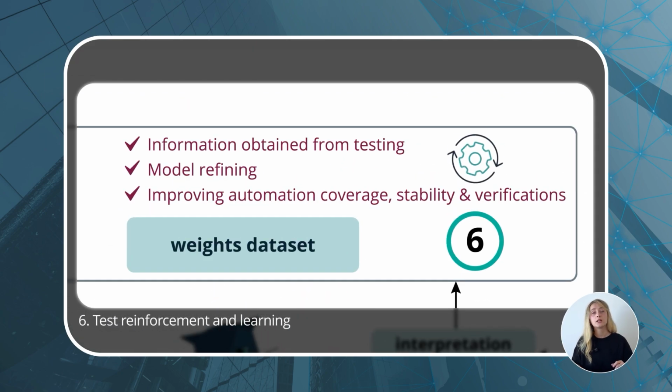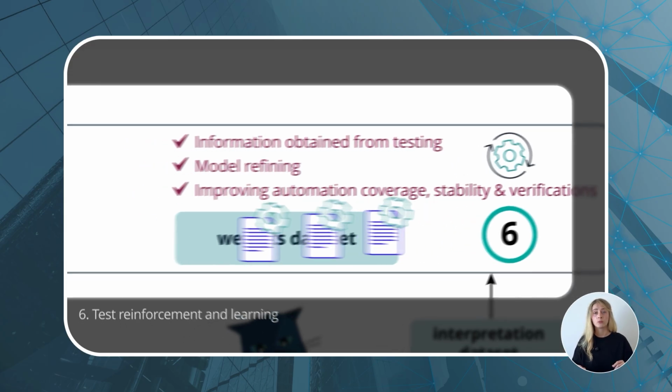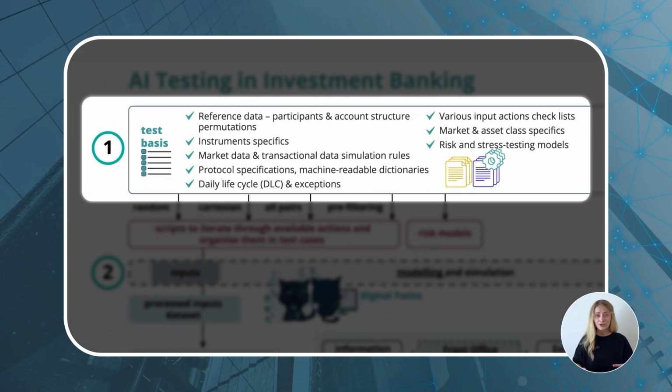Test reinforcement and learning. The focus of this step is working with the weights dataset, the dataset of fully annotated and weighted scenarios to assess and compare their performance, with the goal of eventually arriving at a highly optimized list of best-performing tests that form the test library.